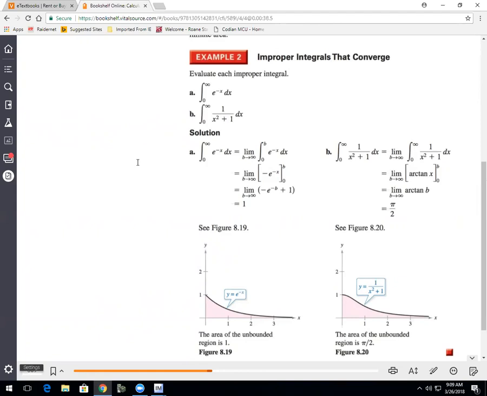We integrate it. We apply the fundamental theorem of calculus. We take the limit. That integral converges as well. So example 1 looked pretty much like this, but it had an integral that diverges. Example 2, one of them has an area of 1, one of them has an area of pi over 2. So you can't just tell by looking at the picture whether or not the integral diverges.